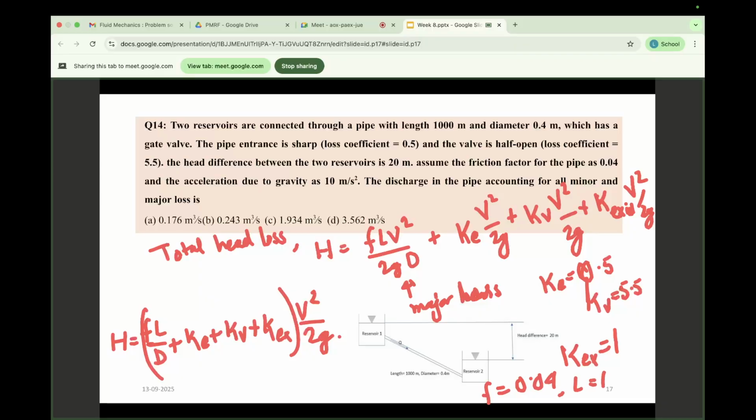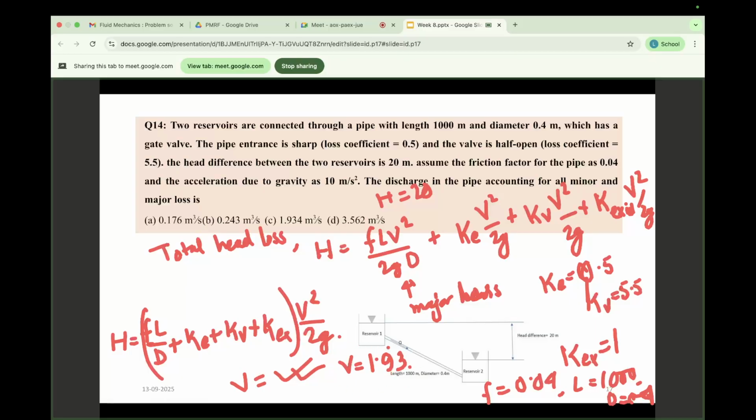L is 1000. D is 0.4 and H is given, H is 20. If you put all these things, you will find out what is not known. V is not known. So you can find out the V from here, putting all these values, right? So you will get V is 1.93 like that.